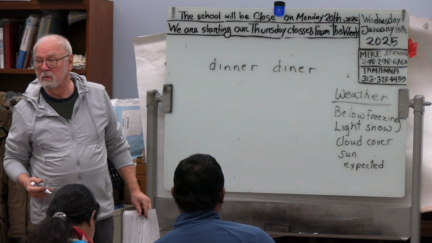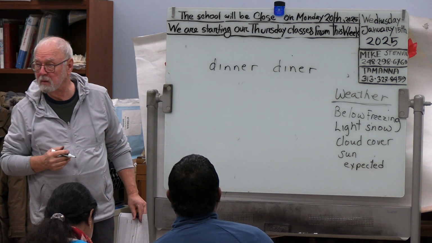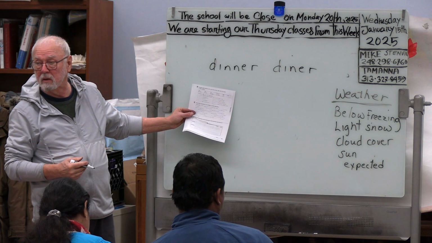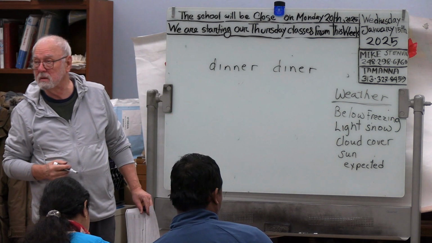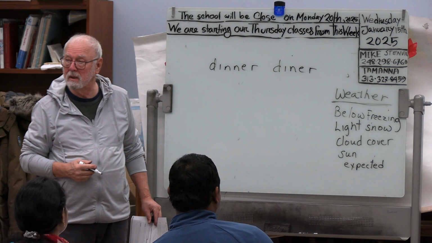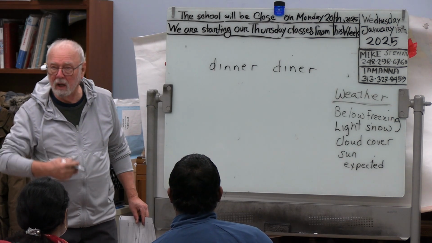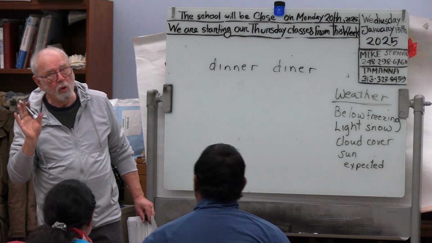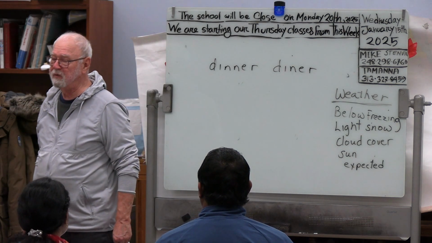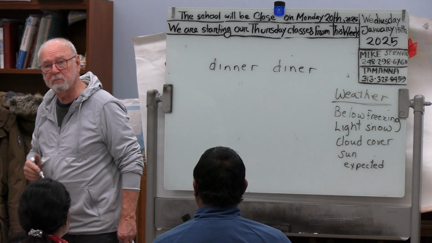The meal, usually in the afternoon or evening, or Nathan says at night. Who eats dinner in the morning, 9 a.m.? In the morning, what do we eat? Breakfast. Sometimes lunch, dinner. No rule, because I know a restaurant that says breakfast 24 hours a day. Any day you like breakfast, anytime, we have breakfast.